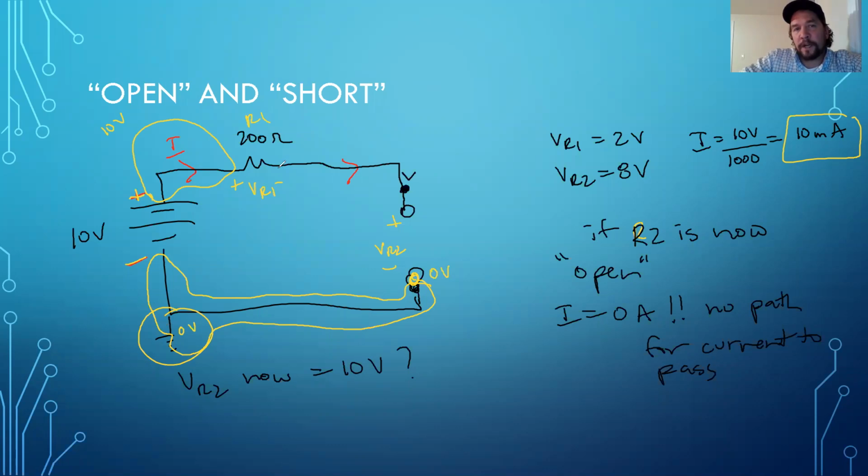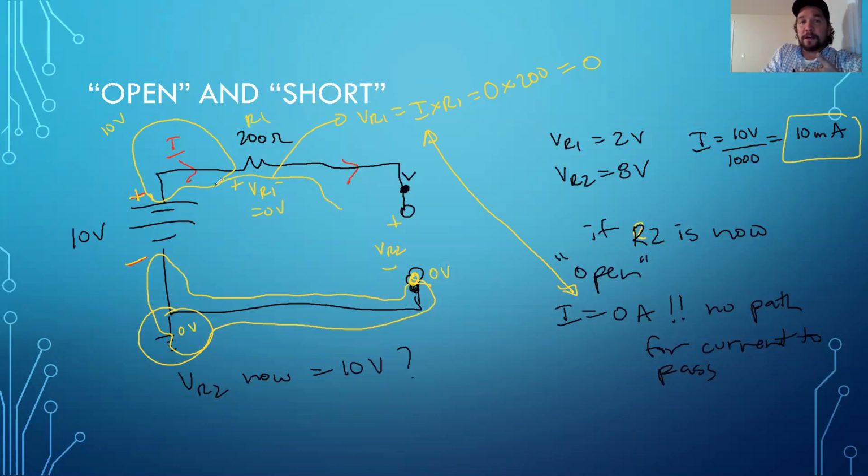But what is VR1 in this case? Well, VR1 is given by I times R1, correct? I, in this case, hello, is 0. And R1 is 200. So VR1 is equal to 0. So the potential difference here is 0. So really, everything here is equal to 10 volts.